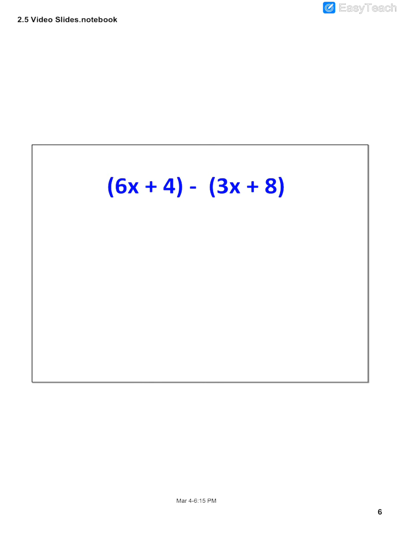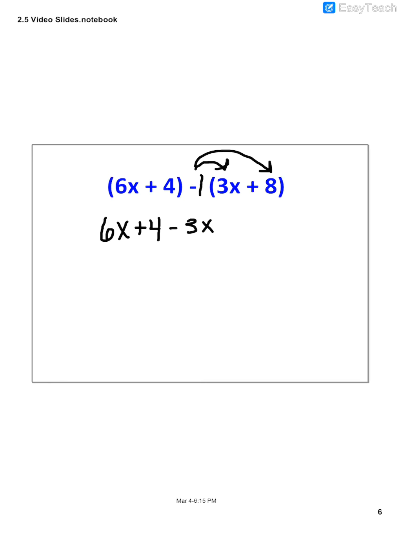Let's try another example. So again, subtracting polynomials. I'm going to add in that imaginary 1. I keep the first set of parentheses exactly the same. I distribute the negative 1 out to both terms in the second set of parentheses. Negative 1 times 3x is a negative 3x.